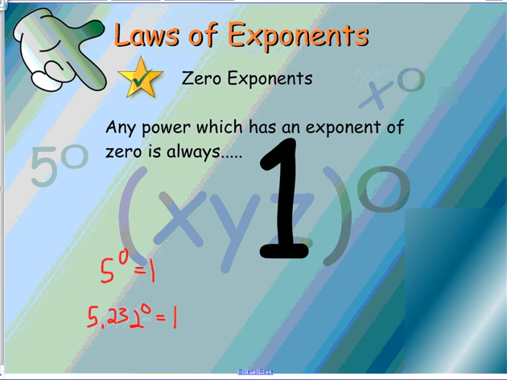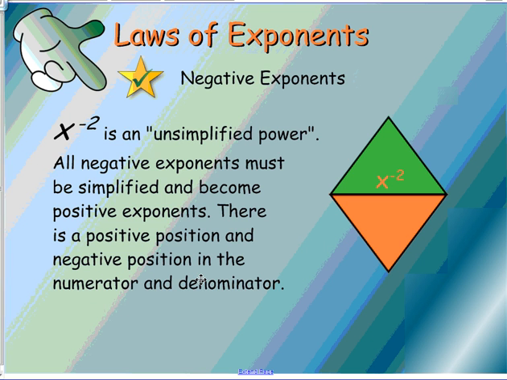Now to get into the tricky stuff, the negative exponents. All right, if you have a negative exponent, say x to the negative 2 power, it's an unsimplified power. That's what you would call it. All negative exponents must be simplified and become positive exponents. There's a positive position and a negative position in the numerator and the denominator.